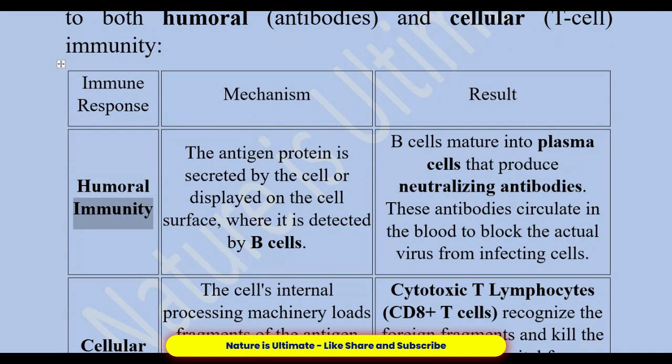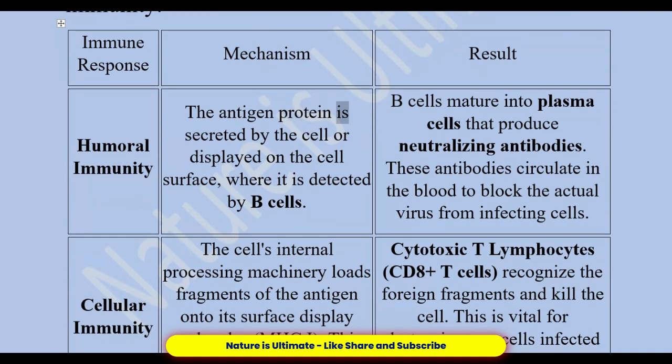Humoral immunity. The antigen protein is secreted by the cell or displayed on the cell surface, where it is detected by B cells. B cells mature into plasma cells that produce neutralizing antibodies. These antibodies circulate in the blood to block the actual virus from infecting cells.